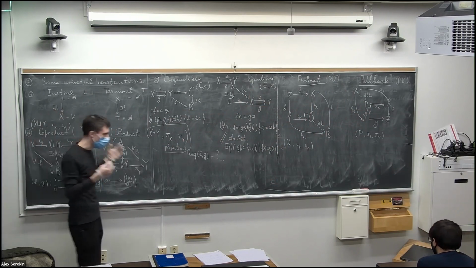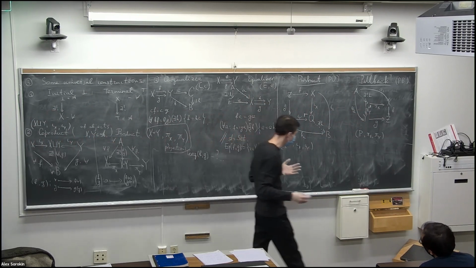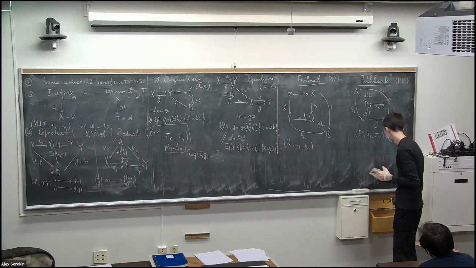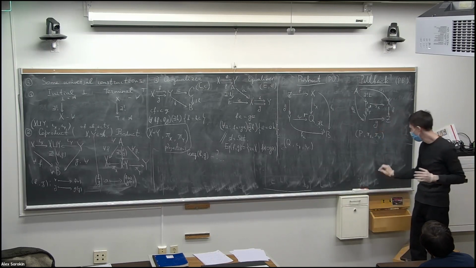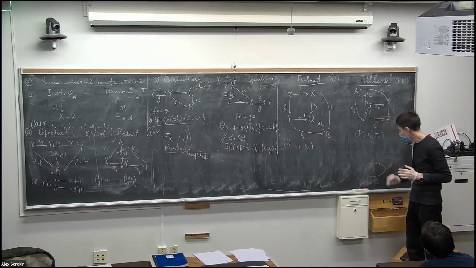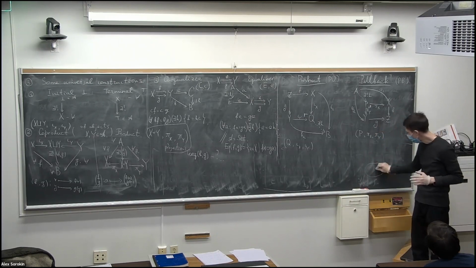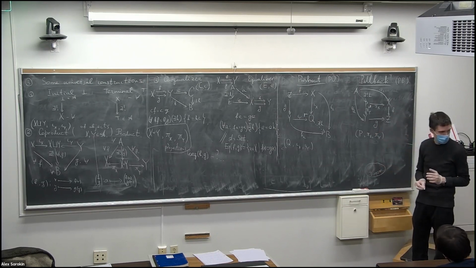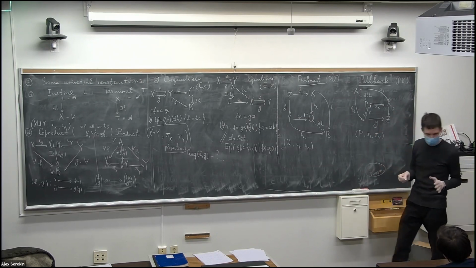So what do we do every single time? How much time do we have? 7 minutes. Every time, what we do is the following. I'm having here something which is called a diagram. What is a diagram?